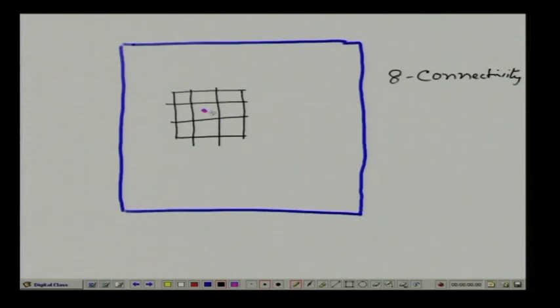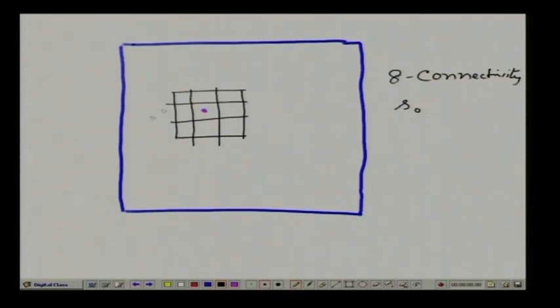And then again I start growing the region from all these new points which are put in the same group. So, if I call this seed point which has been selected as a seed point S 0.